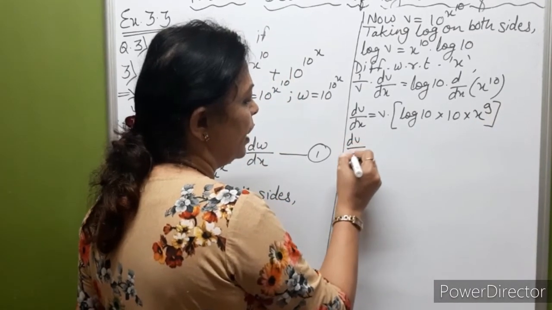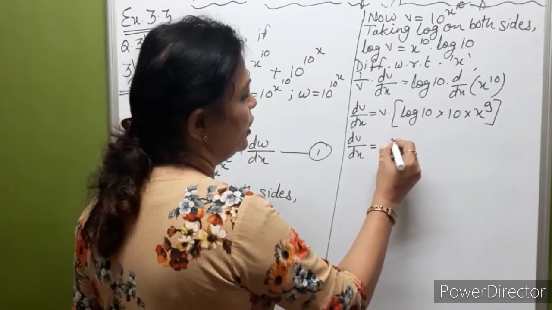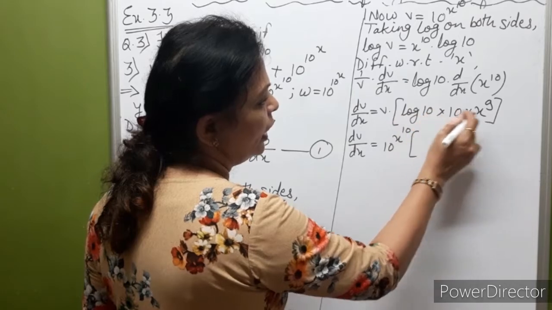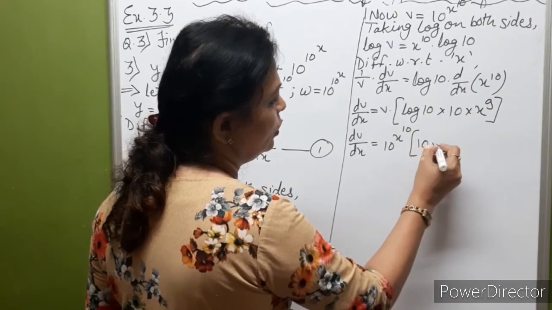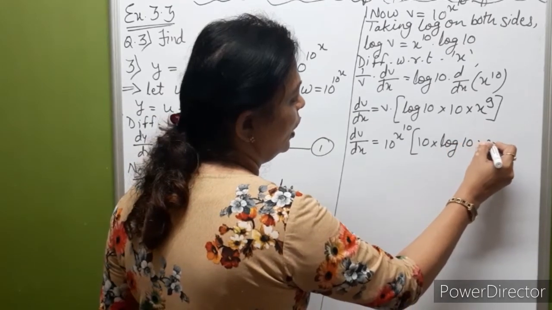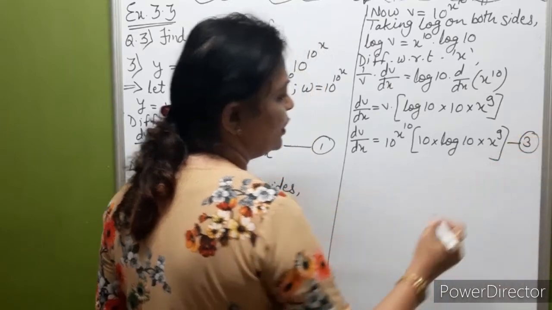So your dv by dx is equal to, v is 10 raised to x raised to 10 into 10 log 10 into x raised to 9. This is your third equation.